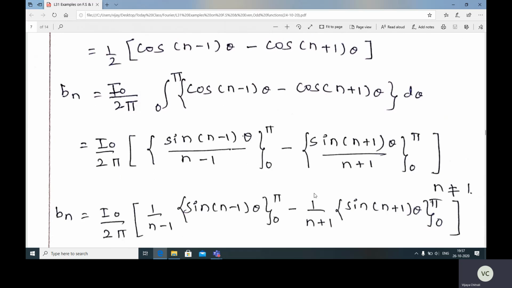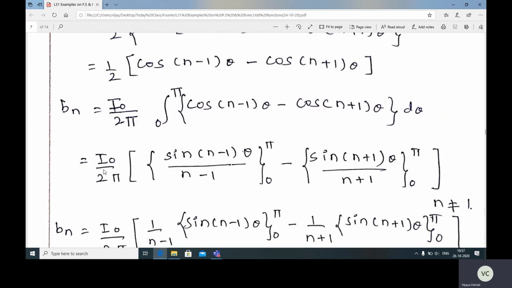Now the integration of cos will be sine, and the next step will be I naught divided by 2 pi sine n minus 1 theta divided by n minus 1, because the integration of cos theta d theta is sine theta, right? Using that we get sine n minus 1 theta divided by n minus 1, theta varies from 0 to pi, and cos n plus 1 theta, its integration will be sine n plus 1 theta divided by n plus 1, theta varies from 0 to pi.